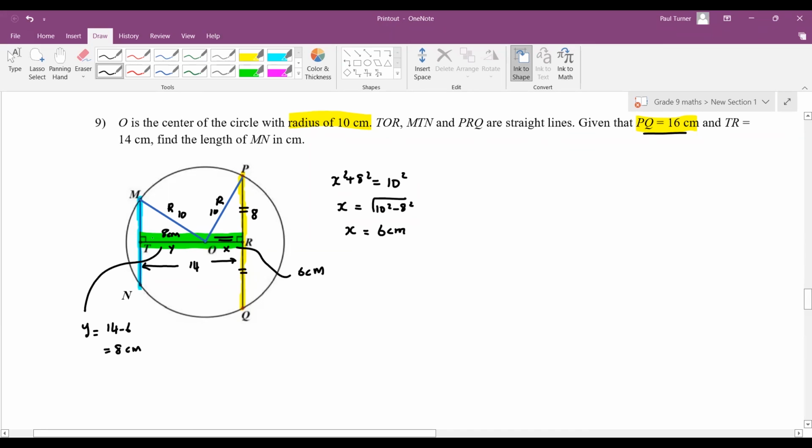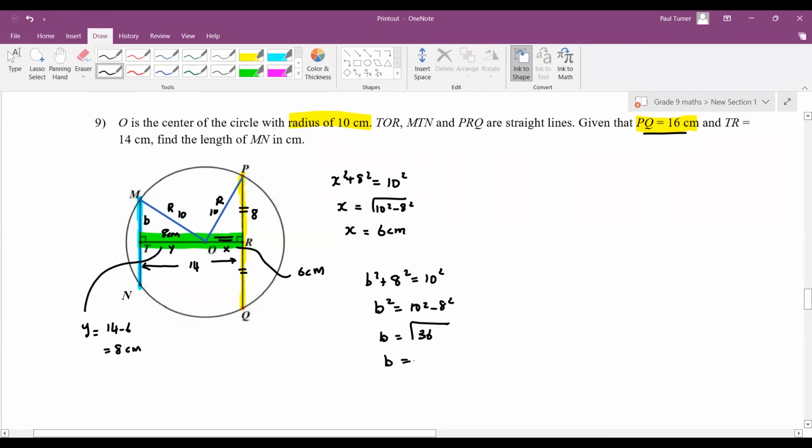So then we need to do Pythagoras again. Let's call that B. So we'll have B squared plus H squared, which is equal to 10 squared. So B squared will be 10 squared minus H squared. B will be the square root of that number, which works out to be 36.